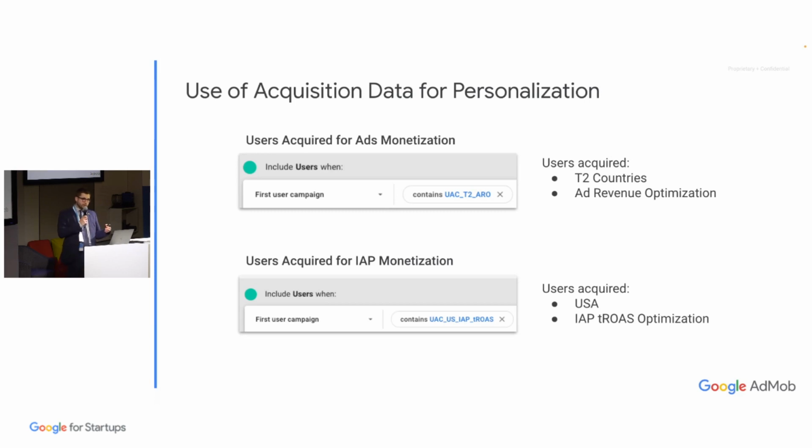So having those two big categories in mind, we should not deliver the same experience for users who were acquired during those campaigns. Basically, if we are big on in-app purchases and focused only on in-app purchases, but we still drive some revenue via ads, the experience for those users should be completely different.